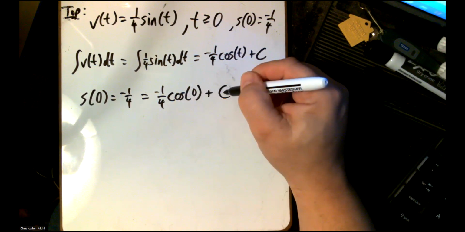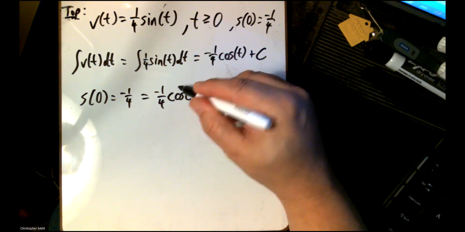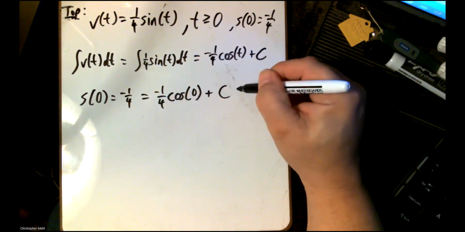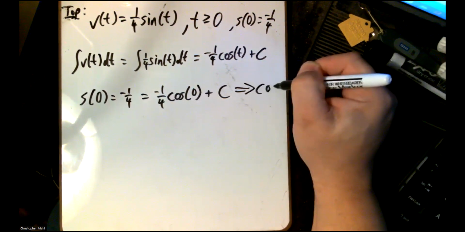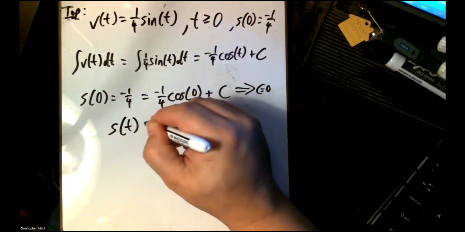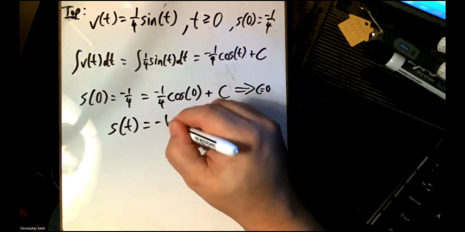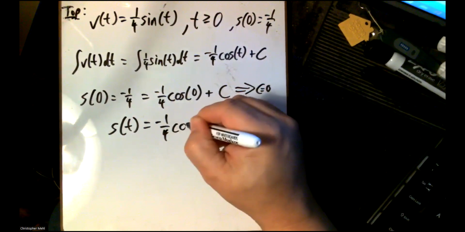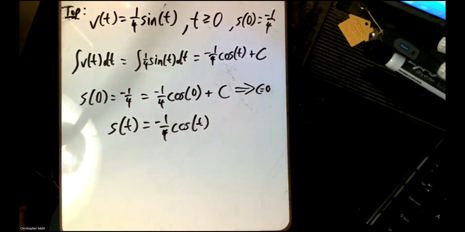So that means C has to equal 0. And so that means S of t has to equal negative 1/4 cosine of t.